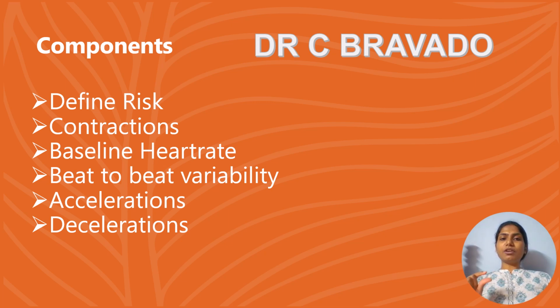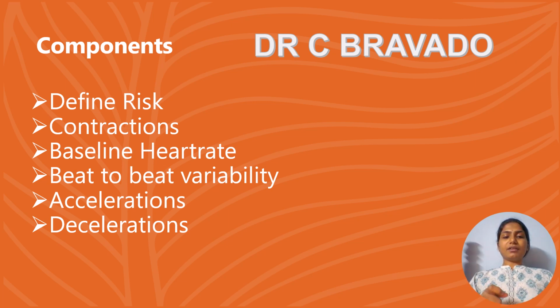What is the normal beat to beat variability? It is between 5 to 25 beats per minute. If the beat to beat variability is less than 5 beats per minute, then we call it decreased beat to beat variability. This is one of the ominous signs of fetal hypoxia or acidosis.